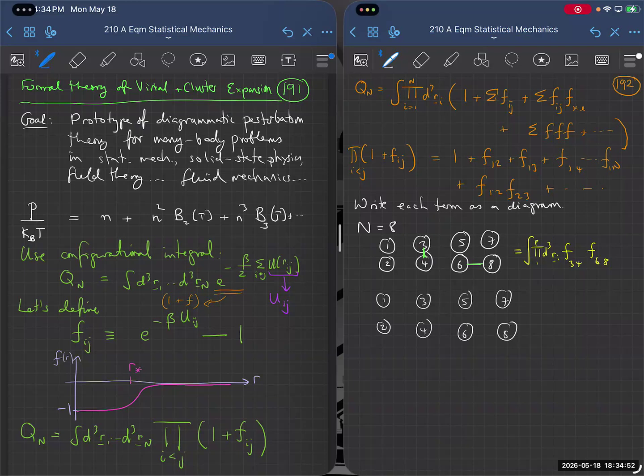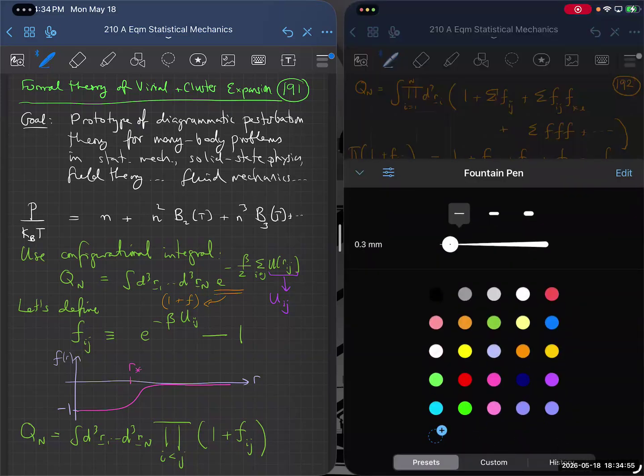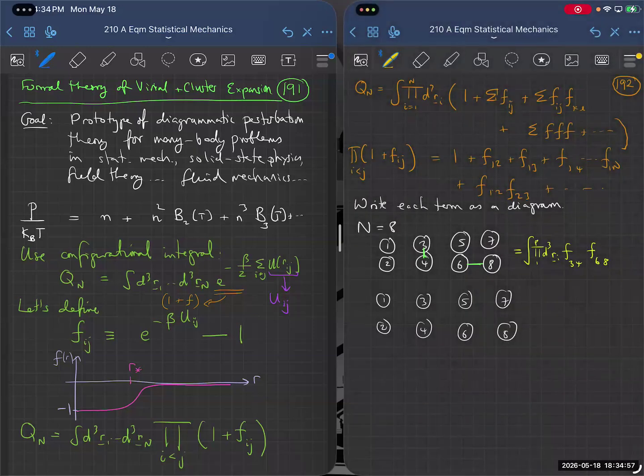And you might say, well, how about this? We write down a line, say there's going to be a term like this, and a term like that. I can write down lines connecting any pairs of these vertices. So this thing would be the integral product from 1 to 8 d^3r_i, and then f_12 f_14 f_67, and so I can do that. We call these things n-particle graphs.